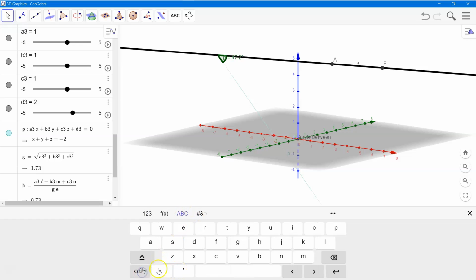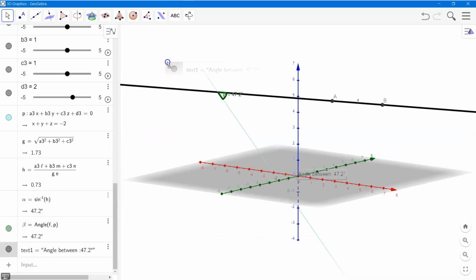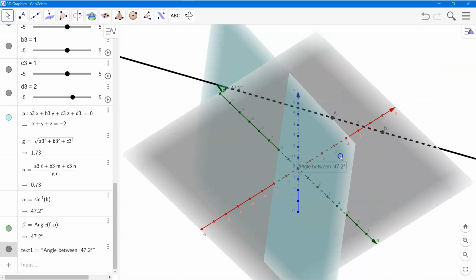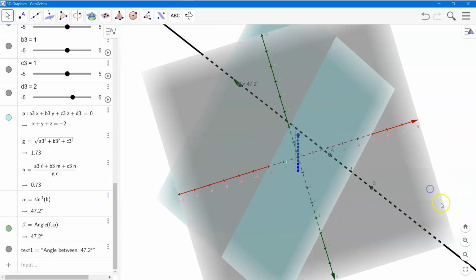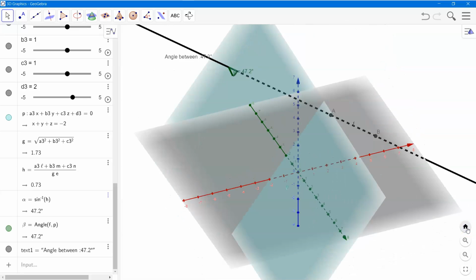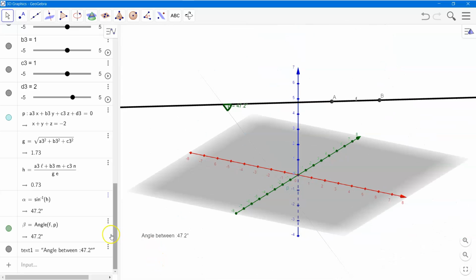So alpha, and let's drag and drop this. Okay, here it has put it. We need to move it around. Let's take it to the home position. Okay, so now 47.2, 47.2.